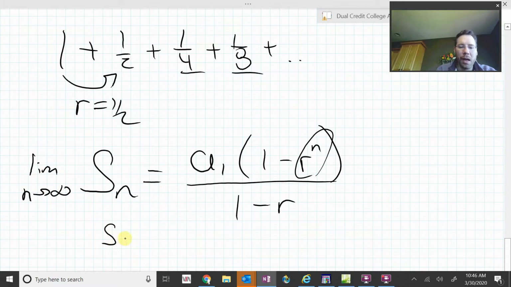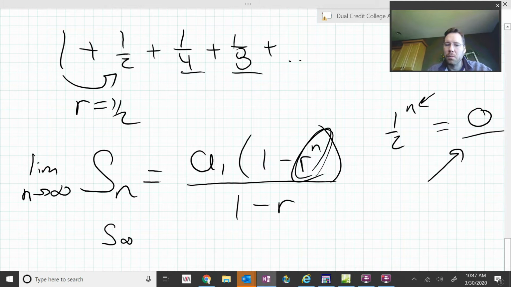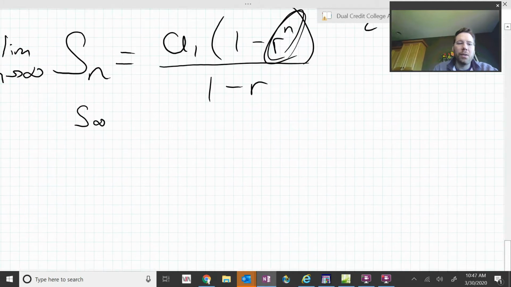Here we just might write s sub infinity, thinking it just grows bigger and bigger. So really what that's saying is a half to a power, and that power keeps getting bigger and bigger, and I want to know what the answer is. Well, if I keep taking half of a number again and again, half times a half times a half times a half, really the only thing that makes sense for me to call that number is 0.